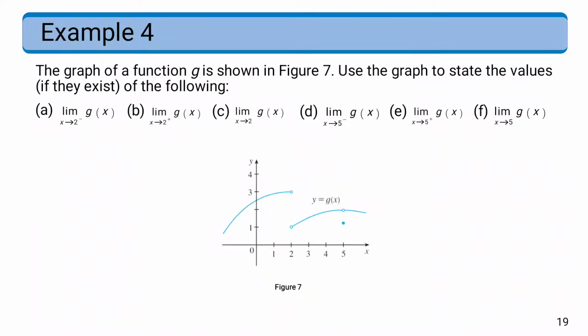So now let's look at this good example that we have here, where you are given a graph and you want to deduce some limits looking at this graph. So the first one, number A, it says the left hand side limit of g of x. That means x goes to 2 from the left.